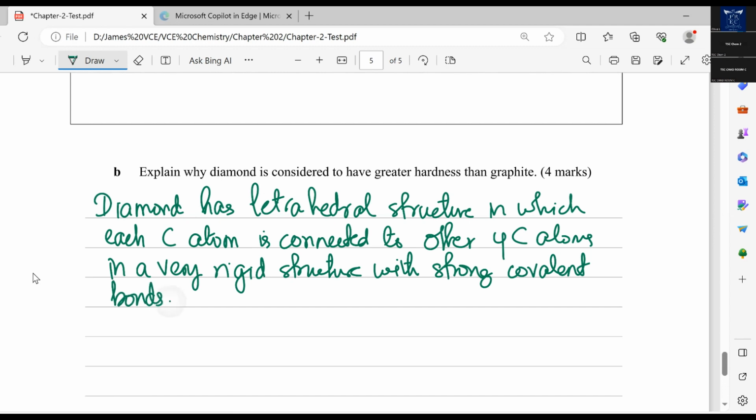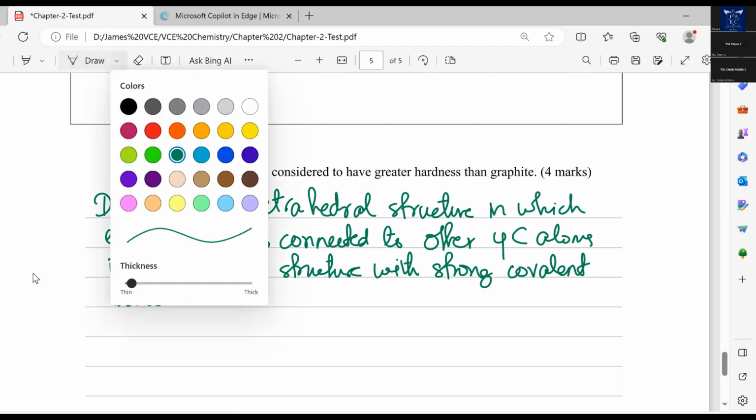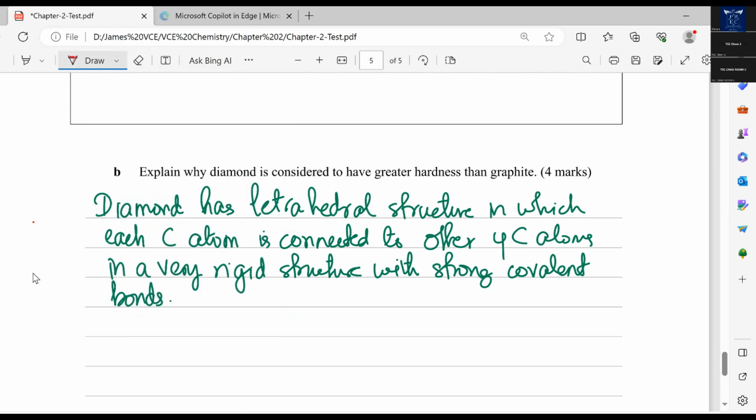So that gives you the key information in terms of the marks that we are looking at: the tetrahedral structure, and then it's a rigid structure with strong covalent bonds. That will make diamond very hard.